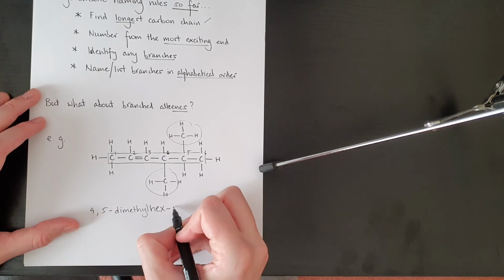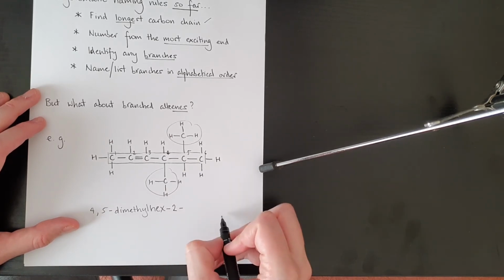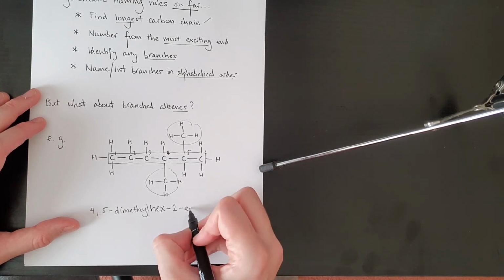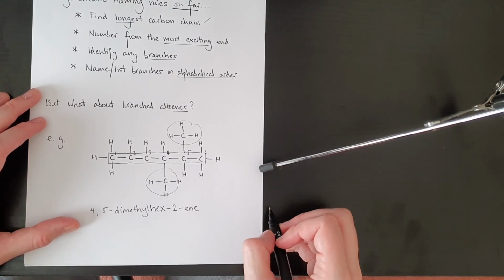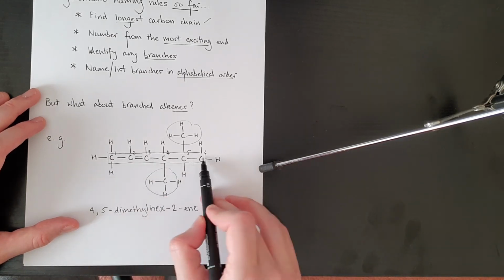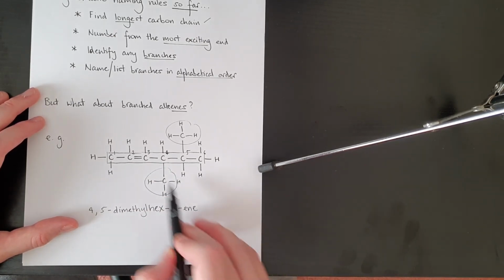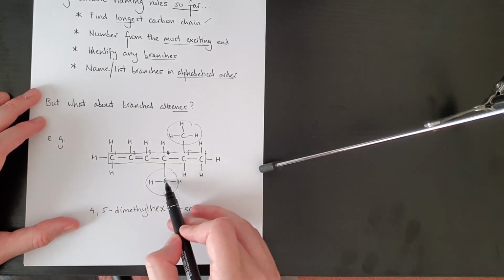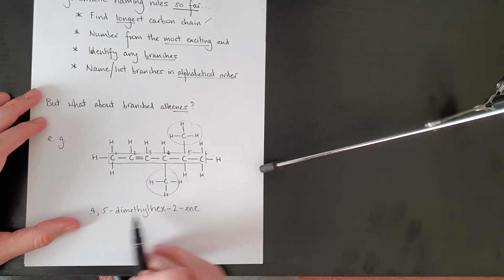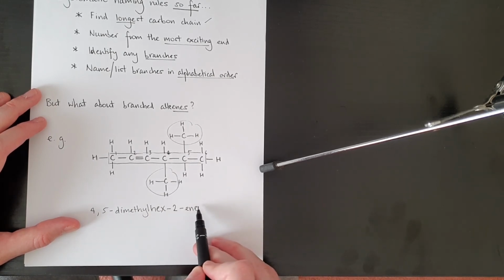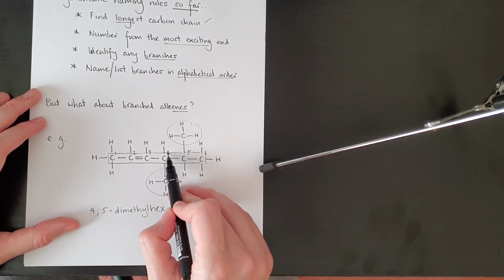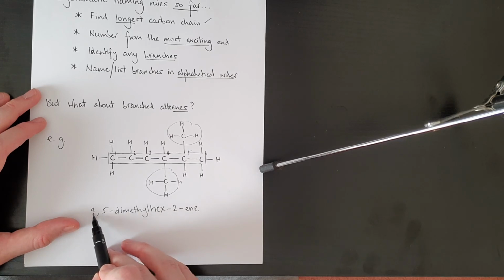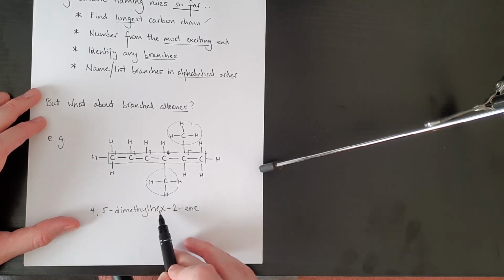We do a dash with the number where the double bond starts, in this case it's carbon 2. And then we show that it's an alkene by ending it in ene. So this molecule is in fact some kind of hex-2-ene, because the double bond starts on carbon 2. But it also features 2 methyl groups, making it dimethyl hex-2-ene, and those methyl groups feature on carbons 4 and 5, so it's 4,5-dimethyl hex-2-ene.